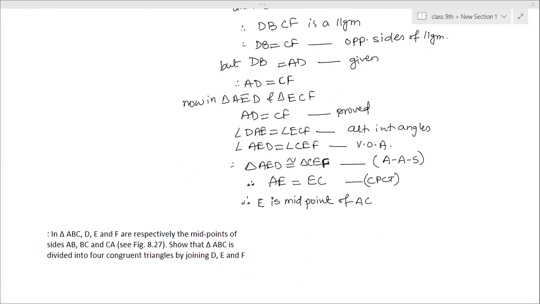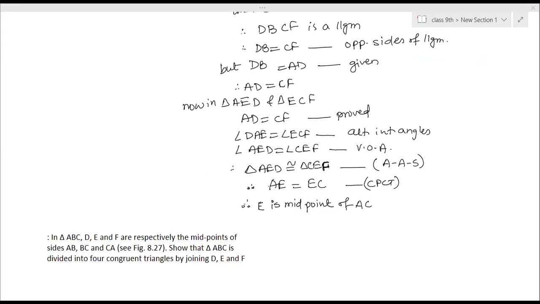Ma'am, is this an exercise question? No. Solve question. Examples. Yeah.